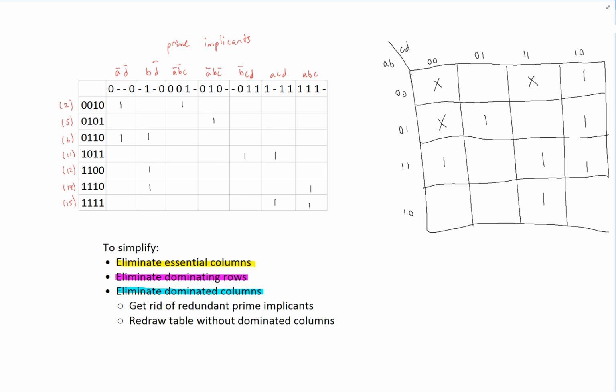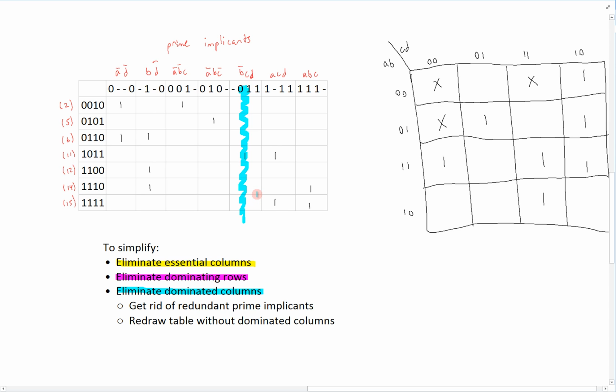So in this case, we can see that we have this column here which dominates the column to its left because it has a 1 in this location just like this one, and a 1 here, whereas this one only has just a single 1. So we can get rid of the dominated column. Remember, we got rid of dominating rows, but dominated columns. So specifically, this column is going to be deleted from this table.